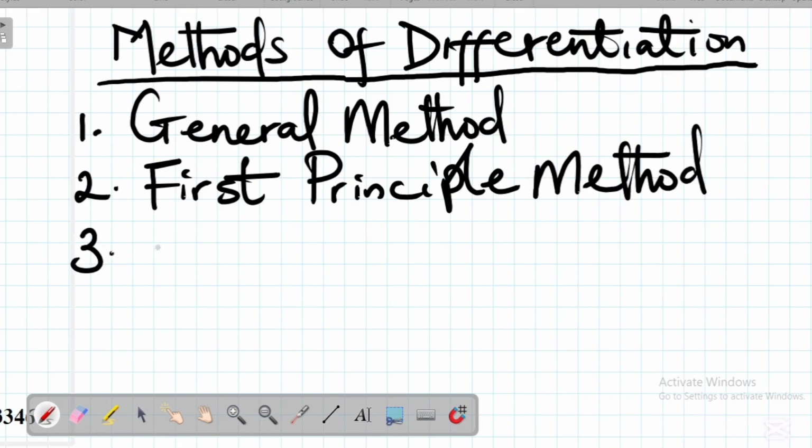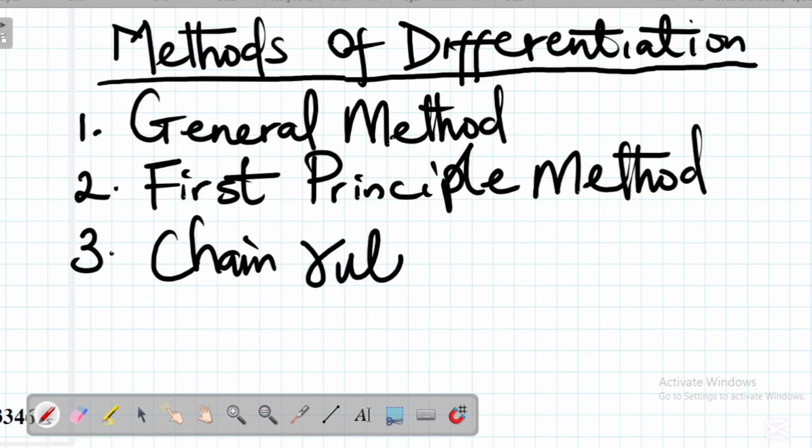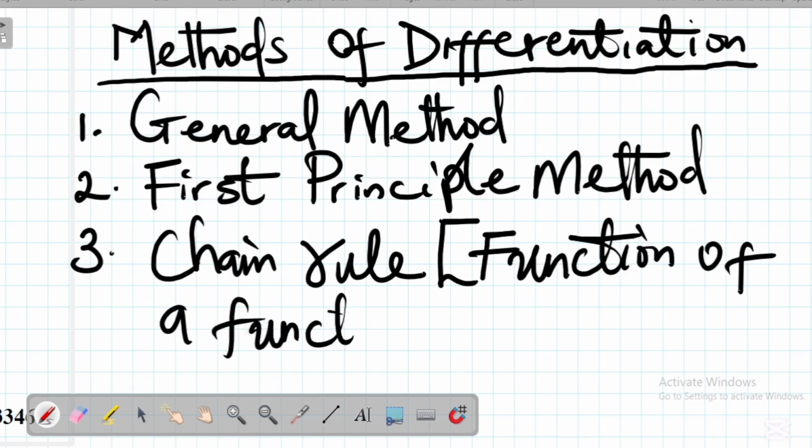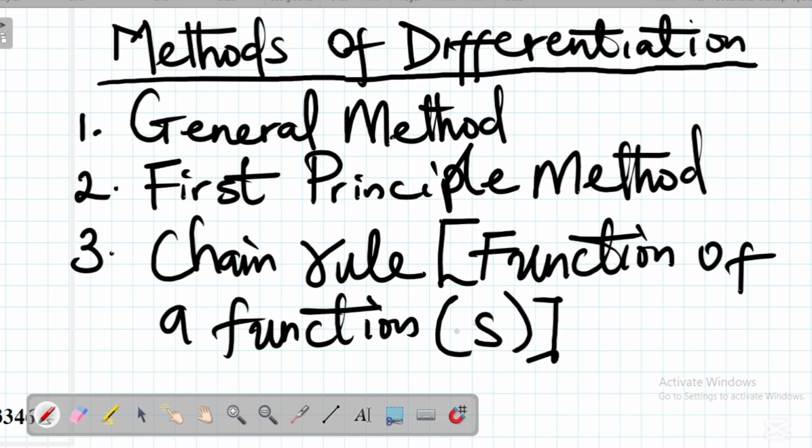Thirdly, we have the chain rule, which is also known as function of a function, or function of several functions.